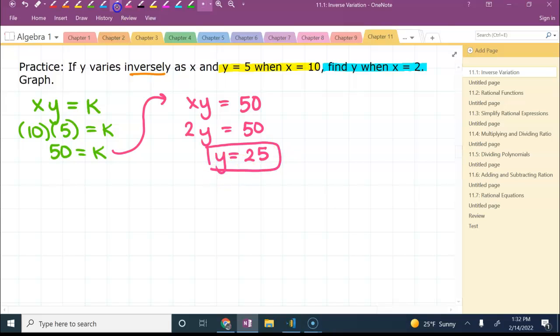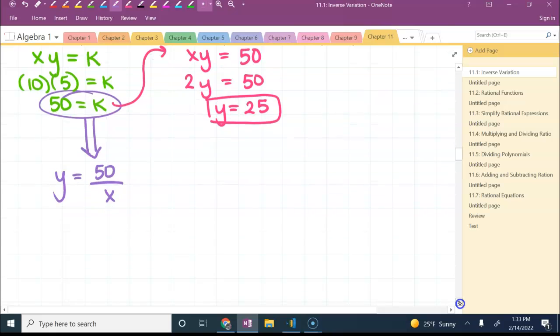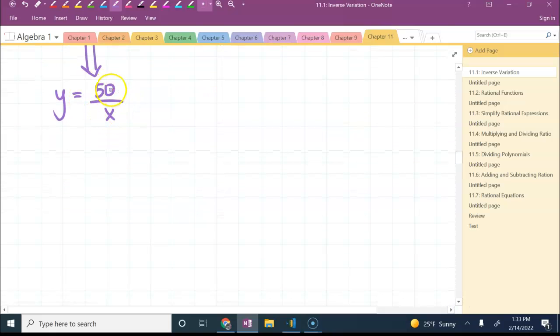Okay, now because I found k right here to be 50, I can write that equation like this. y equals 50 over x, if I'm talking about the actual equation for my hyperbola. So what I'm going to do here is create another xy table based off of these points.